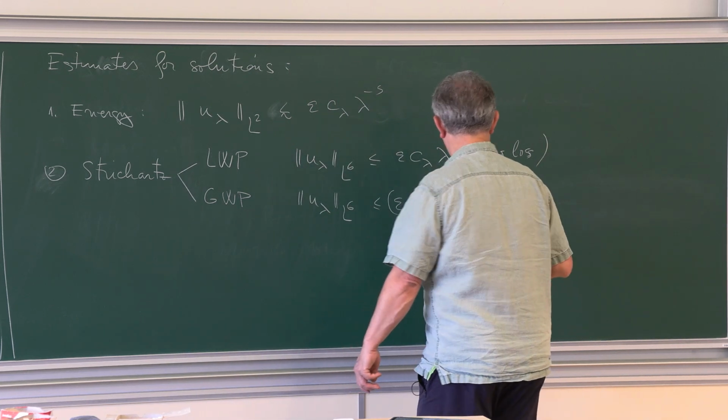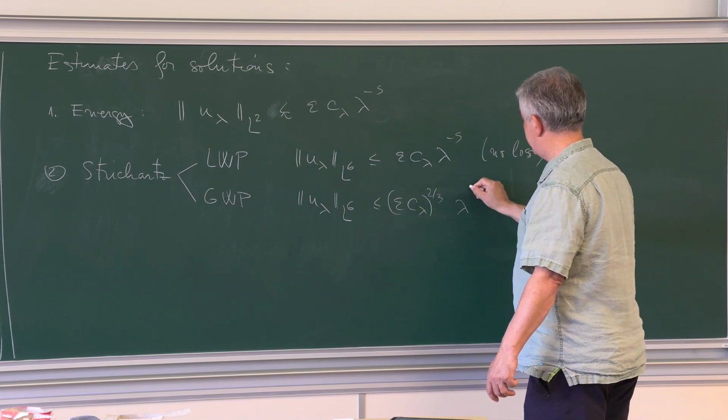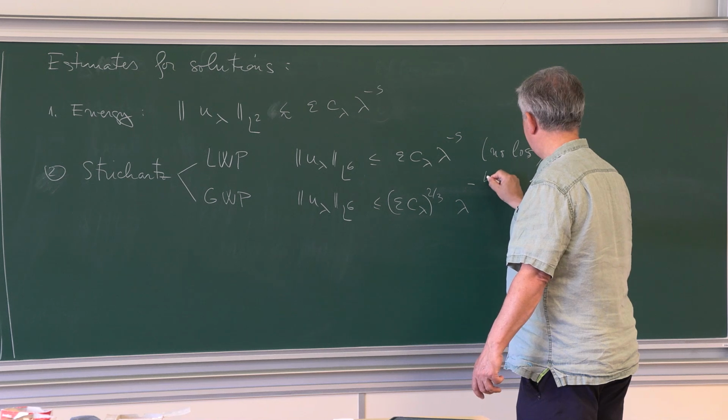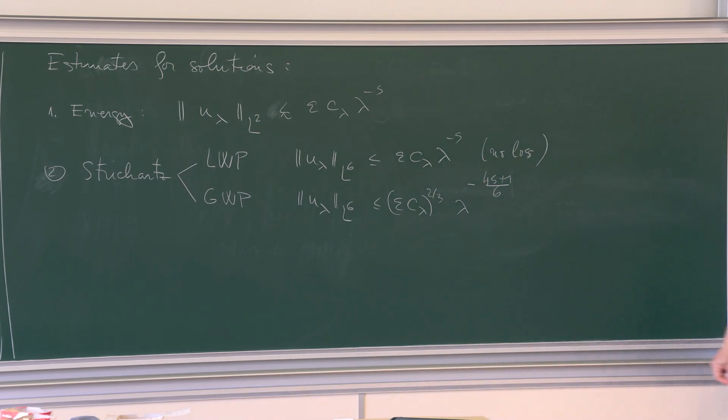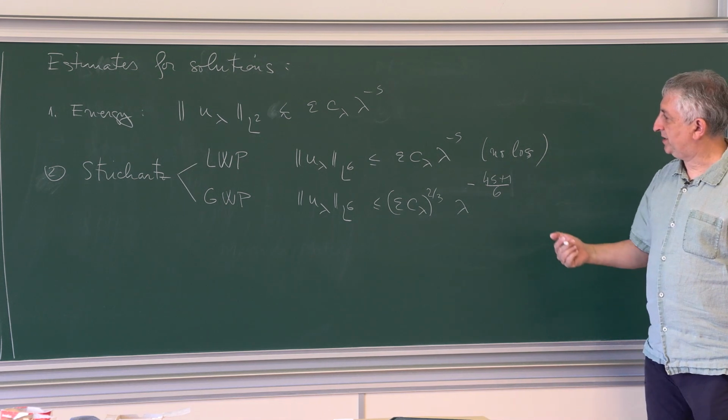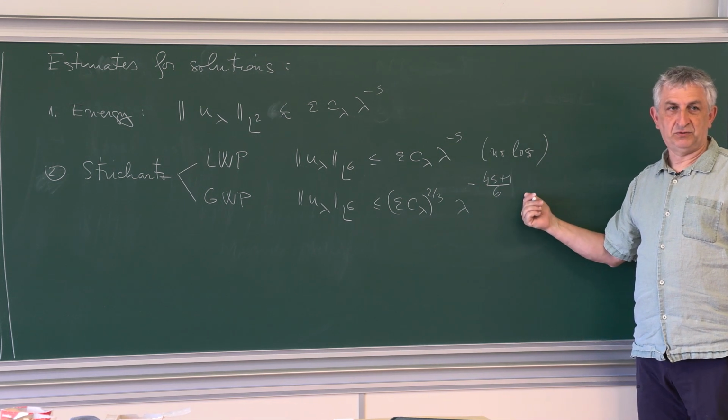The important thing is the power of lambda, and this is minus (4s plus 1) divided by 6. Looks a little bit mysterious, but s is greater than 1, and we can compare what happens when s is equal to 1.